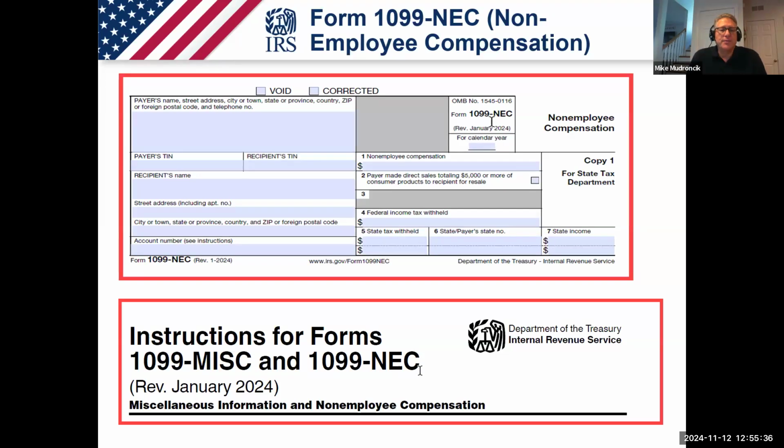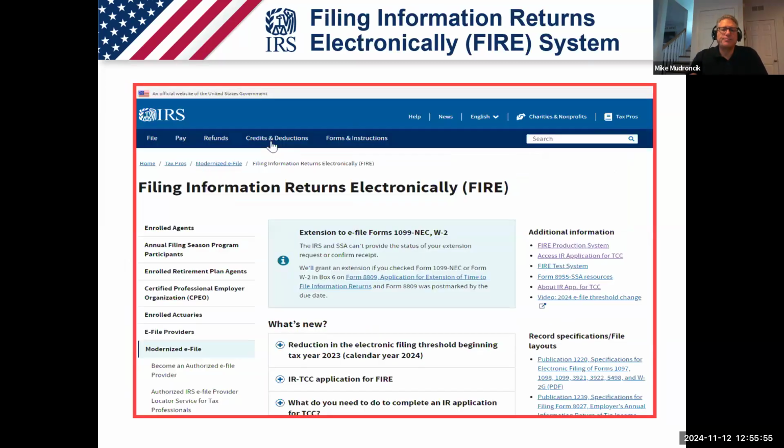And then the recipient's information is provided over on the left-hand side as well. So this is the paper copy. Of course, you can use software to file the same information, and this is being filed with the IRS. To get more information about the filing information returns electronically system, the IRS has a site to give you all the information you need to know.